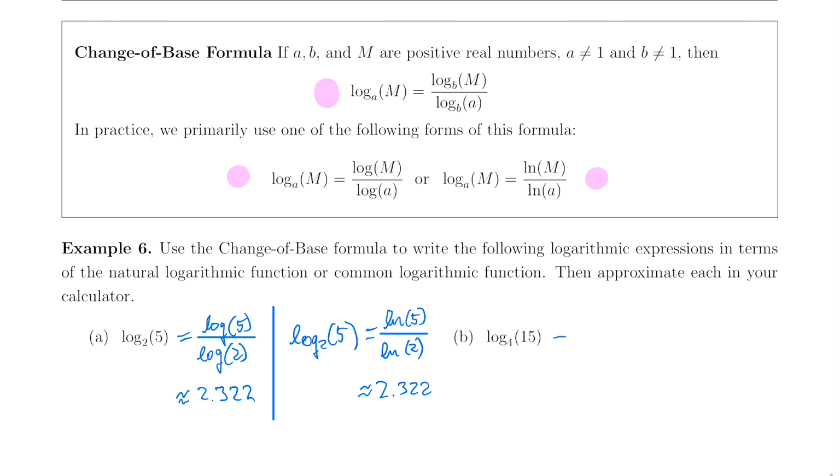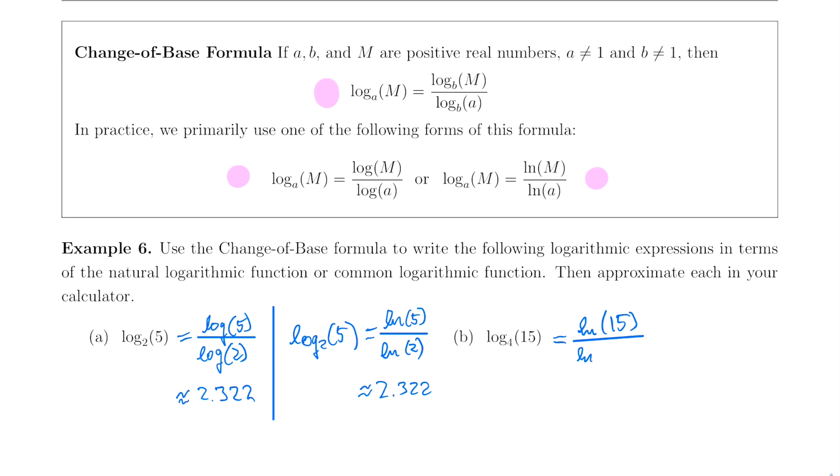Now let's take the second example also, and so to help you get used to the ln, I'm going to use ln in this case. I like it because it's one letter less to write, and so it's a little quicker.